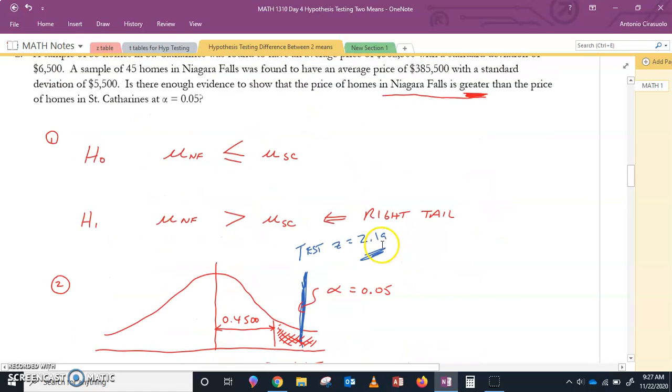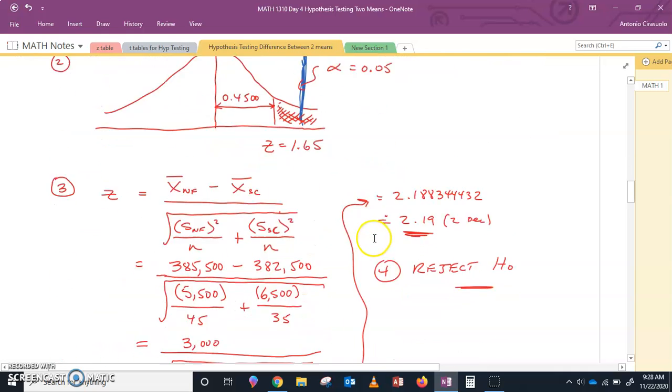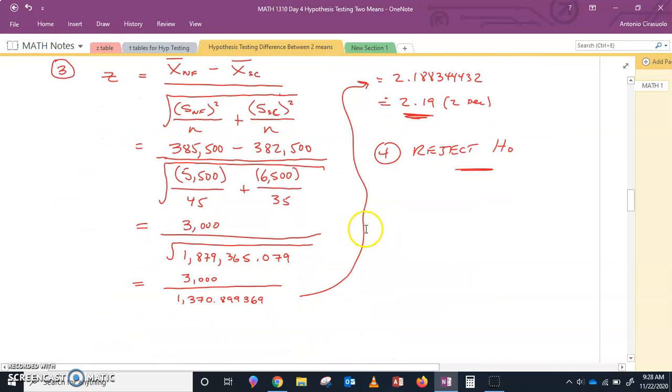So once again, what does that mean? We're going to reject this statement, and we're not going to reject H1. In other words, there is enough evidence to show that the mean price of homes in Niagara Falls is significantly greater than those of St. Catharines. So let's state our conclusion, and I'll put that right there.